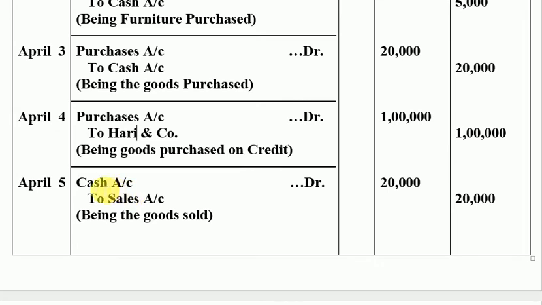So assets increase, and whenever assets increase, that will be recorded on the debit side. And sales is a revenue for us, that's why it will be recorded on the credit side. As we had already discussed the rules, whenever revenue increases, it will be recorded on the credit side. Got it?